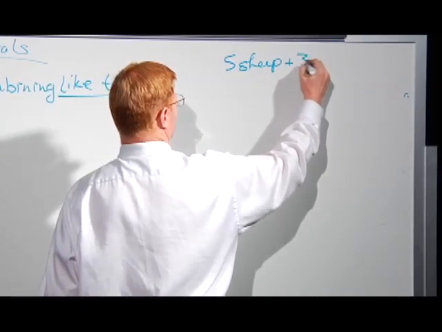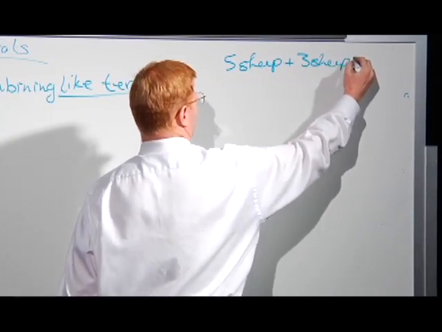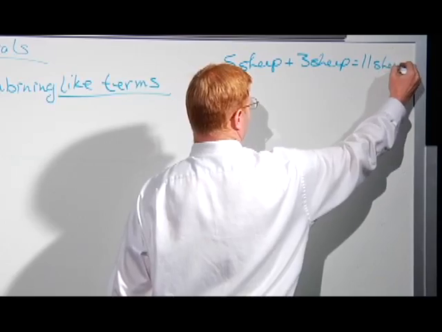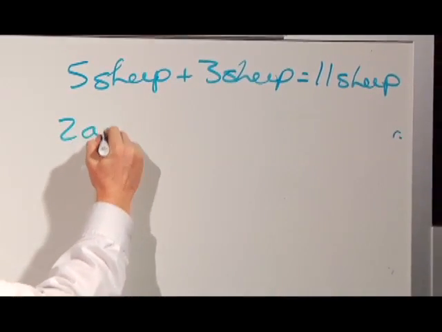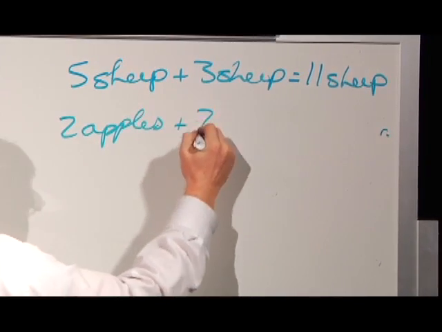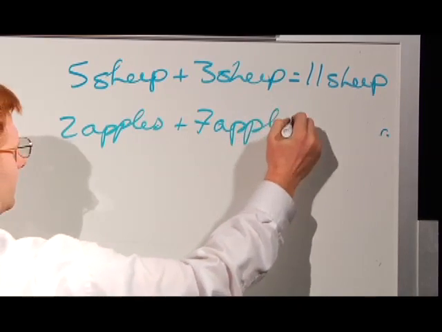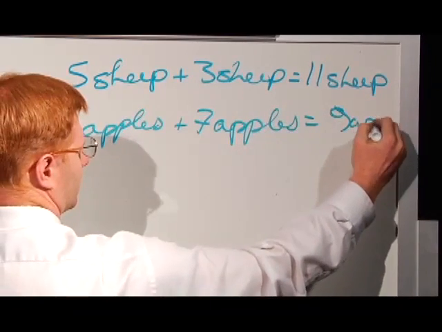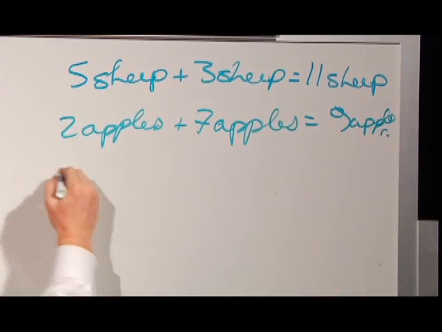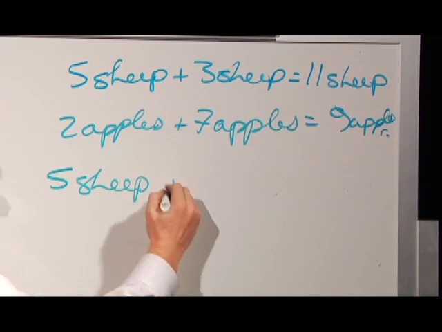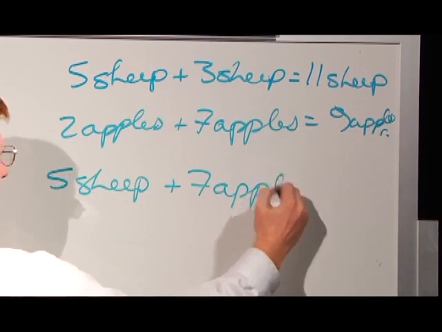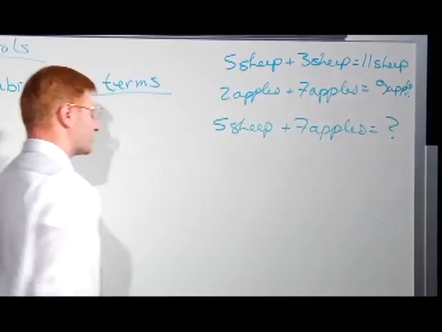5 sheep plus 3 sheep. Well, obviously that's 8 sheep. How about 2 apples plus 7 apples? Well, that's 9 apples. What about 5 sheep plus 7 apples? Equals what?